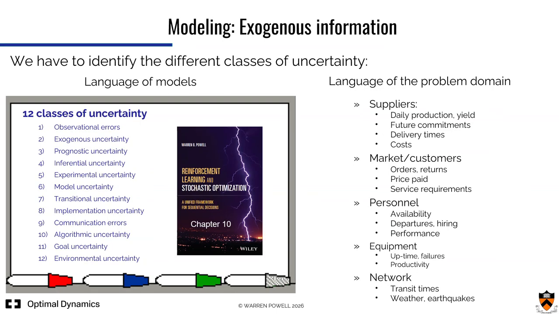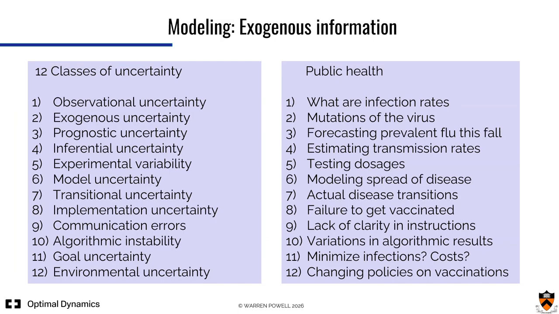Now, when we're starting to identify the different types of exogenous information, I've come up with 12 classes of uncertainty from the perspective of a model. If you read down my 12 classes, it has nothing to do with any application domain. Then your challenge is to use this list and say, okay, what are the sources of uncertainty for my problem? So for example, you may make up a list of the 12 classes and say, okay, I'm working in public health.